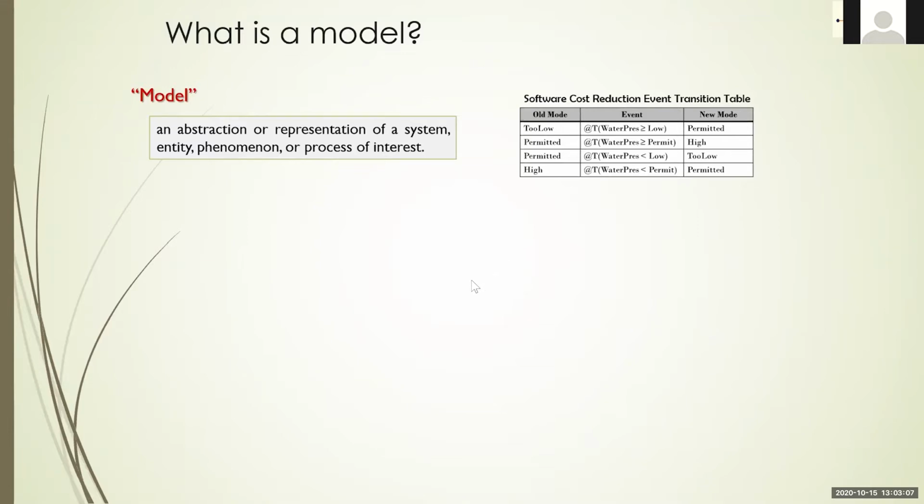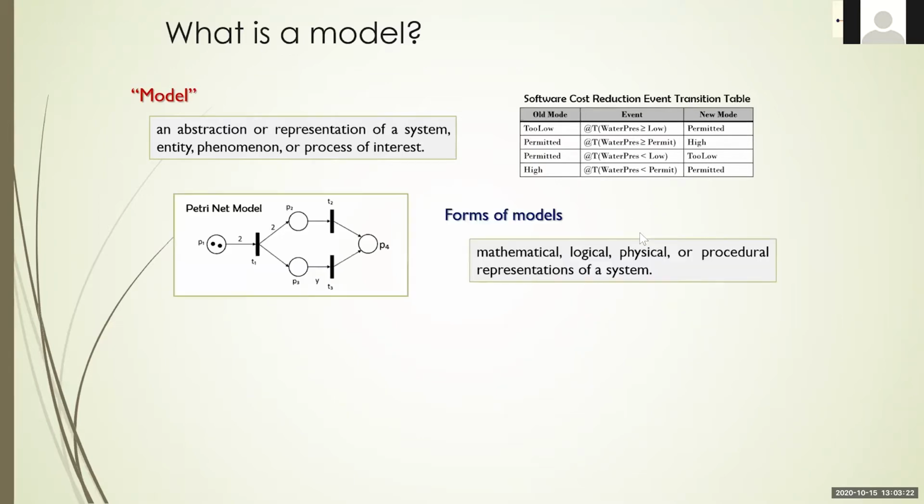So we have a model, and what can we use as a model? This table might represent a model. Over here, we are trying to represent some behavior where we have a current state and a new state and the type of event that we are getting in order to pass into the other model. Now, we may also have different types or forms of model.